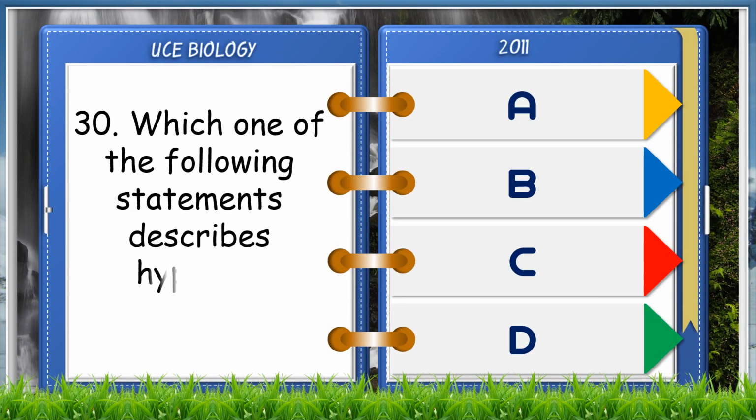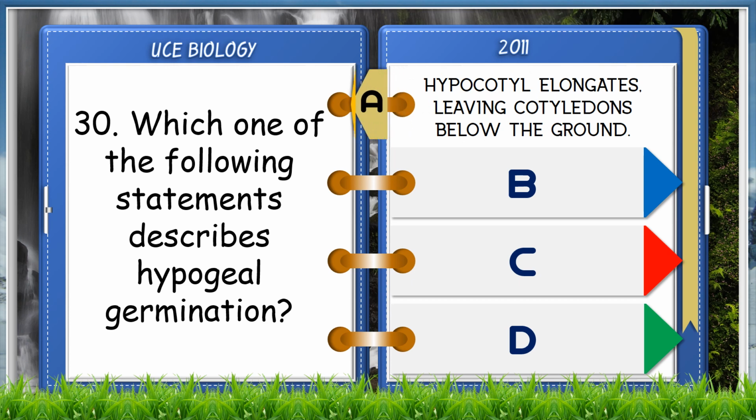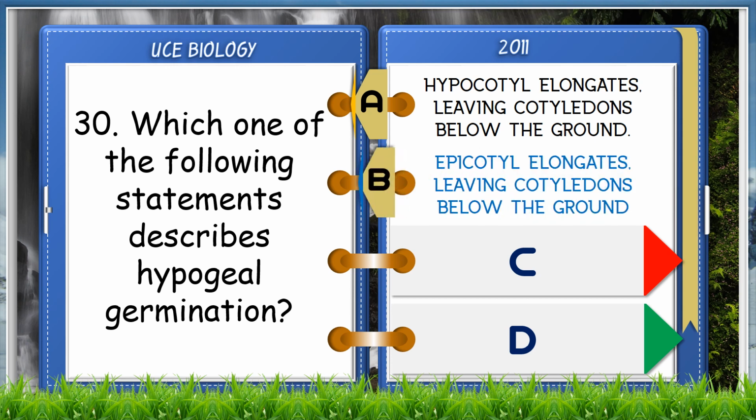Which one of the following statements describes hypogeal germination? A. Hypocotyl elongates, leaving cotyledons below the ground. B. Epicotyl elongates, leaving cotyledons below the ground.